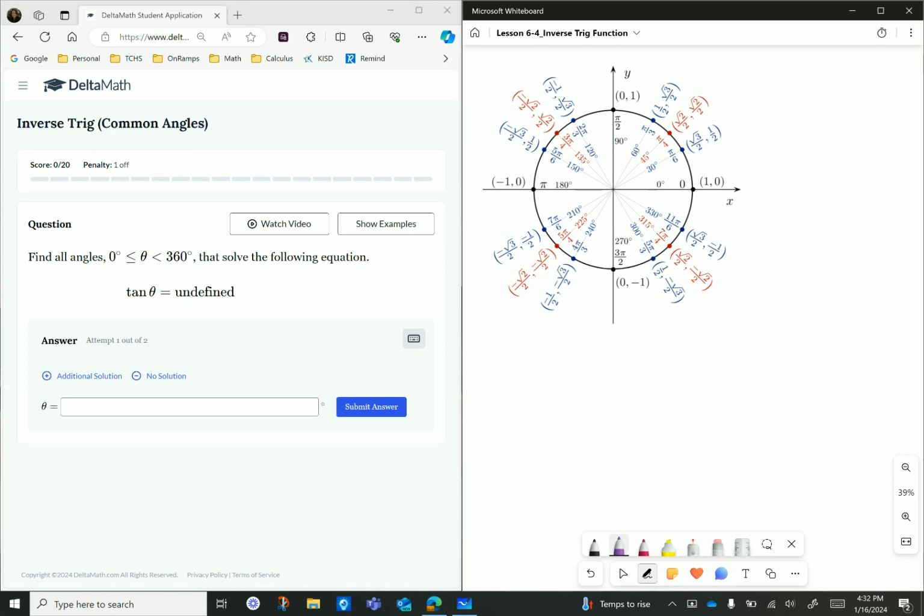Okay, so here's a sample of what your inverse trig homework is going to look like. This is lesson 6.4 officially. So you are still using the unit circle to read and come up with your final answers. But this time we are going to reverse the situation, okay?